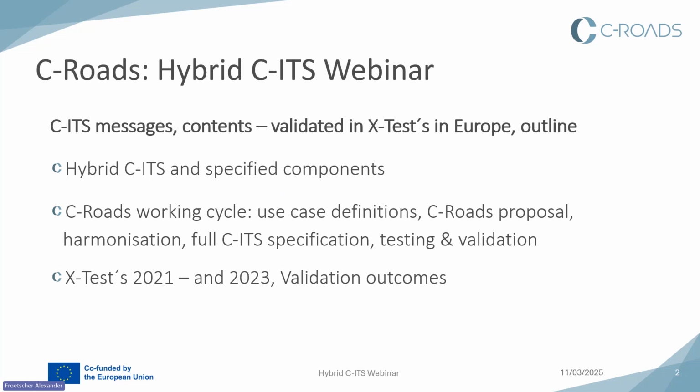And then we publish the full specifications and we test and validate them. We have done so in an overall cross test for the whole group in 2021 and in 2023. As 2023 was also including hybrid parts of those tests, I will look at some details of these.